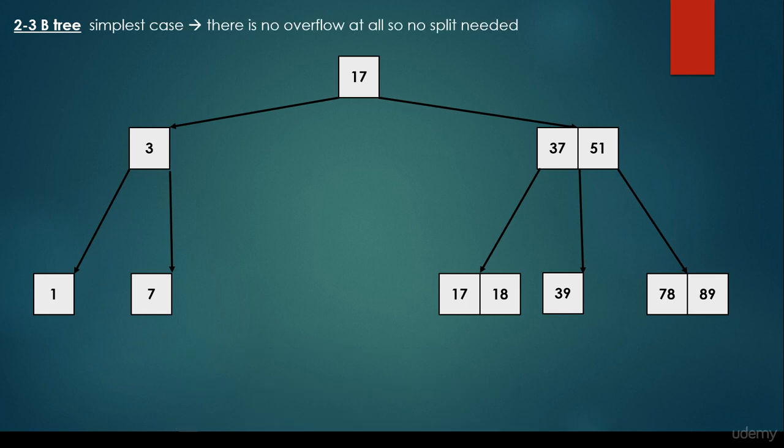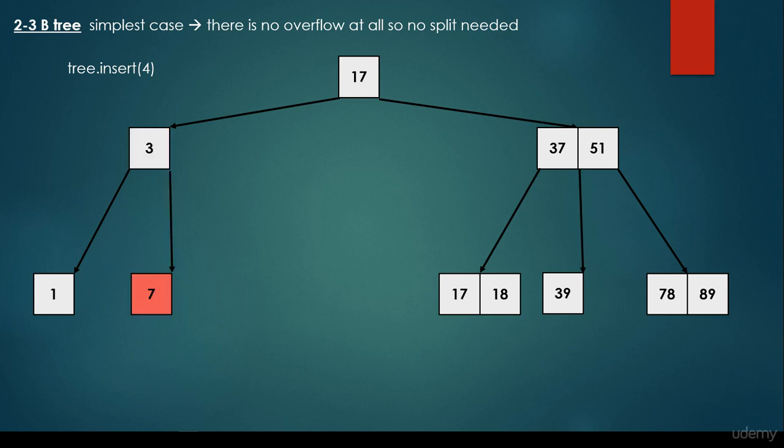So for example, we would like to insert some new items, and the simplest case is when there is no overflow, in the sense that we don't have to split nodes. For example, let's insert 4. We start at the root node as usual for tree-like structures. We come to the conclusion that 4 is smaller than 17, so we go to the left. 4 is greater than 3, so we visit the right child.